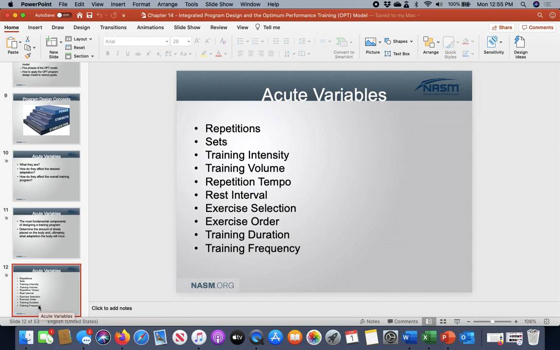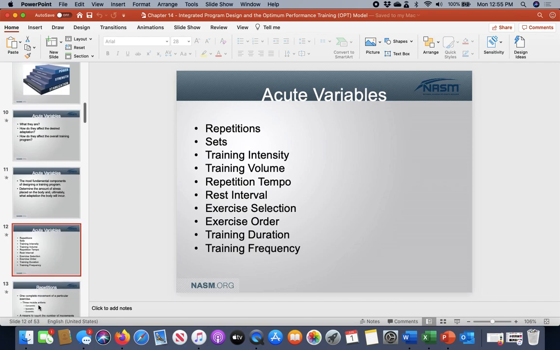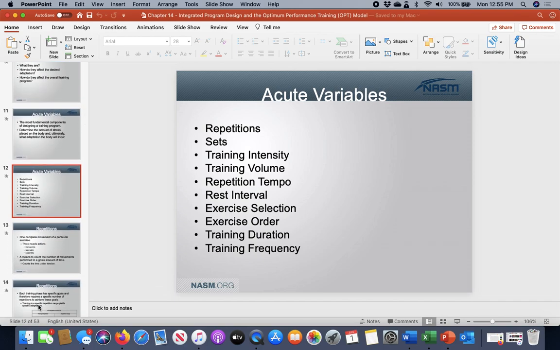Is 10 total, or 10 per side? That's what we need to be very specific on. Sets are rather easy to comprehend, because it's the amount of reps you're doing per grouping. Then training intensity, training volume, repetition tempo, rest intervals, exercise selection, exercise order, training duration, and training frequency. All of these are acute variables.